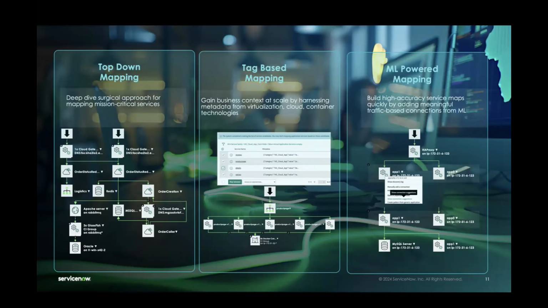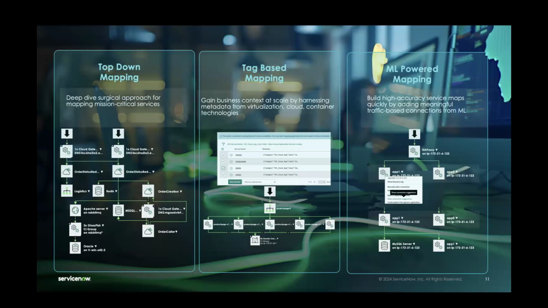So we evolved this to a tag-based approach, where we clearly found many customers in the cloud and container world. Tagging becomes the de facto standard for defining declarative metadata. It can be an environment, an application context, or a cost center. These tags can now be used to build that intelligence using the tag-based mapping.